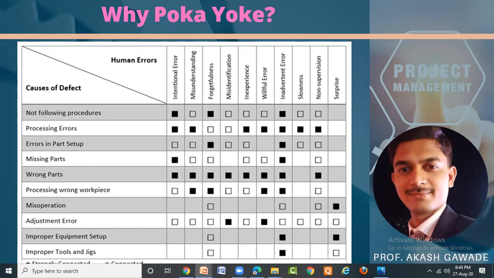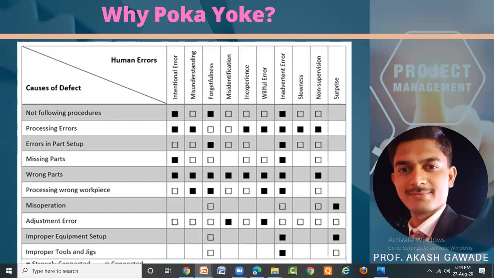A processing error can be an intentional error, misunderstanding, inexperience, or willful errors. These types of errors can be arranged by your particular organization. There are a lot of errors depending on the particular process, and you must mention which kind of errors are there.